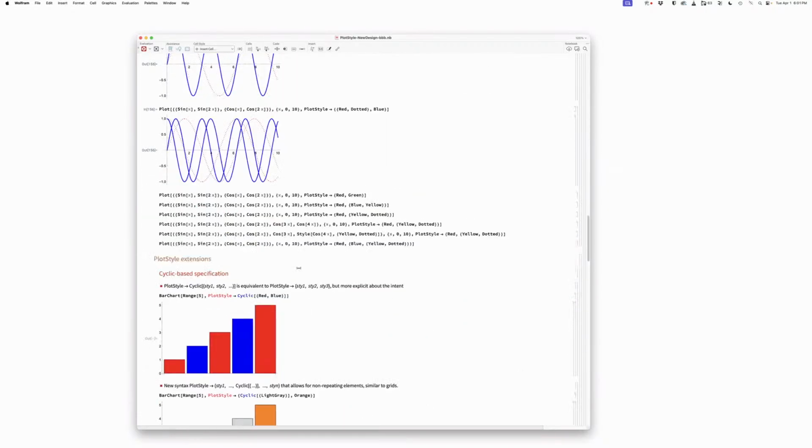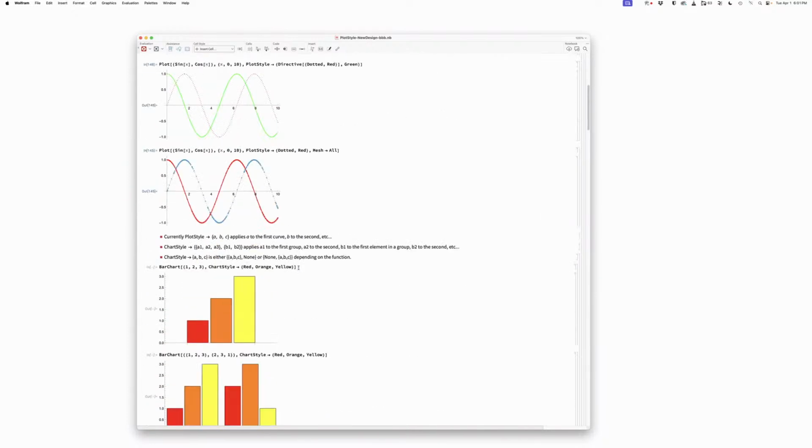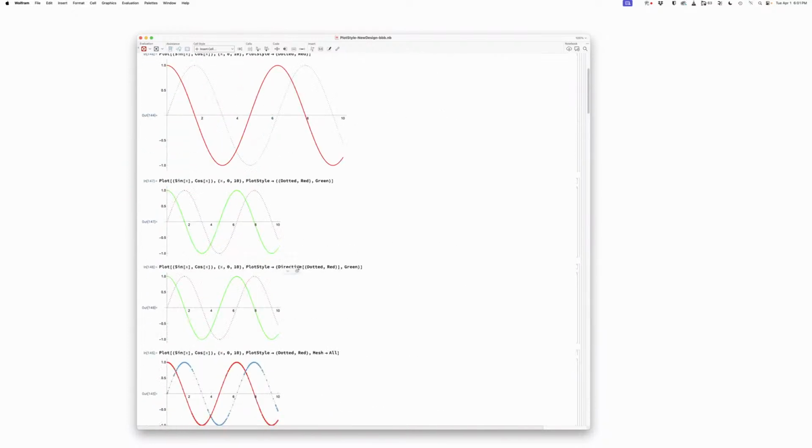Okay. Let's go back through this again. Let's review what we think we know. We've got a bunch of syntax with plot style that, given what it is trying to style, it has to spray its styling into different levels of the thing that it has to style.